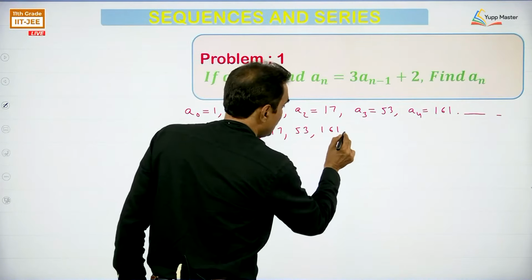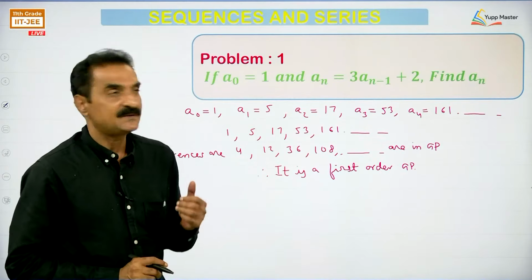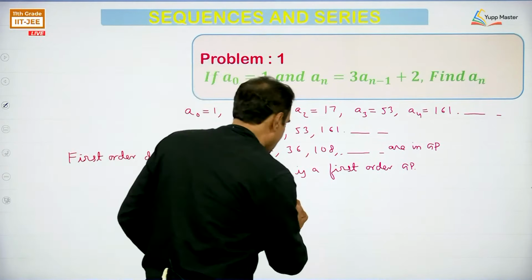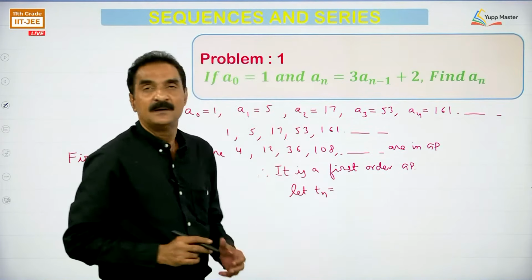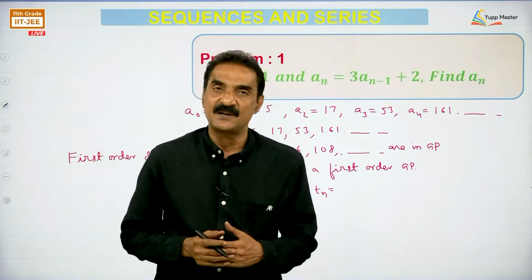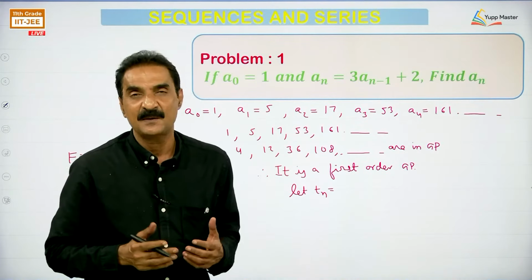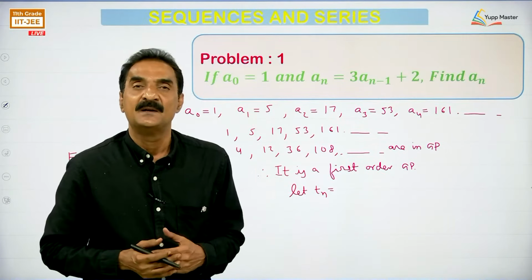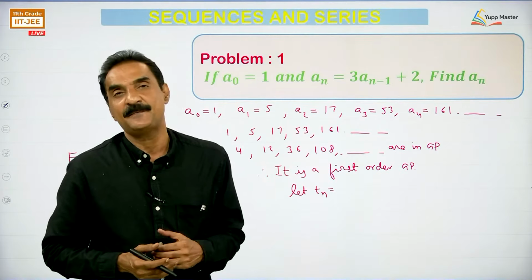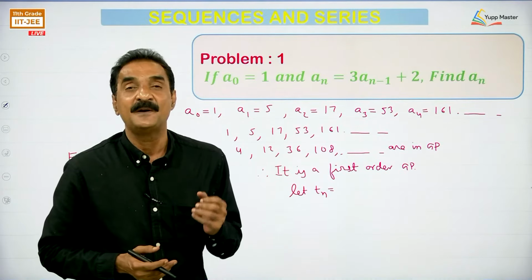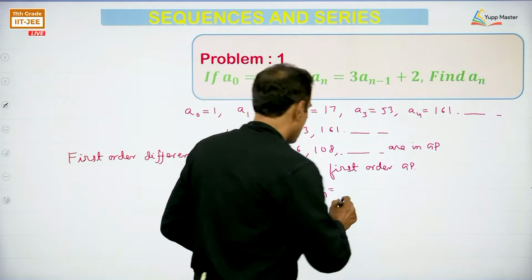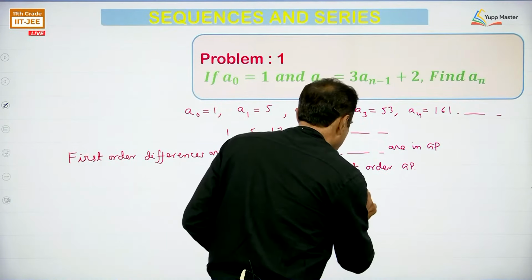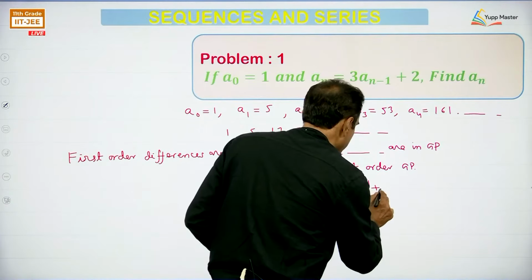Then how to find the nth term of the first order GP? Let us assume that Tn is equal to... we already discussed first order GP, second order GP, first order AP, second order AP, etc. The nth term of a first order GP will be in the form of a r power n minus 1 plus b.